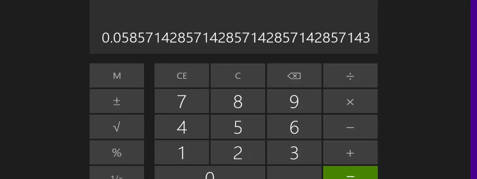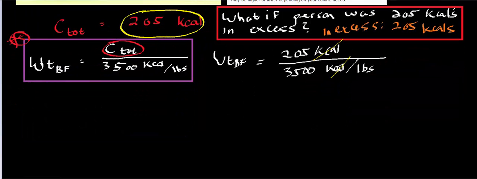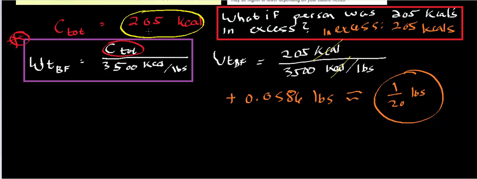Okay, there we go. So actually the weight of body fat that I'm going to add, which is in excess, is positive because I'm gaining the weight, 0.0586 pounds.